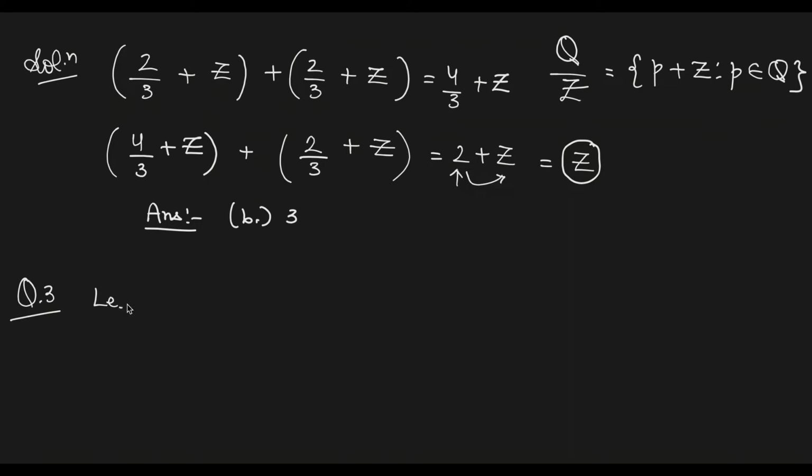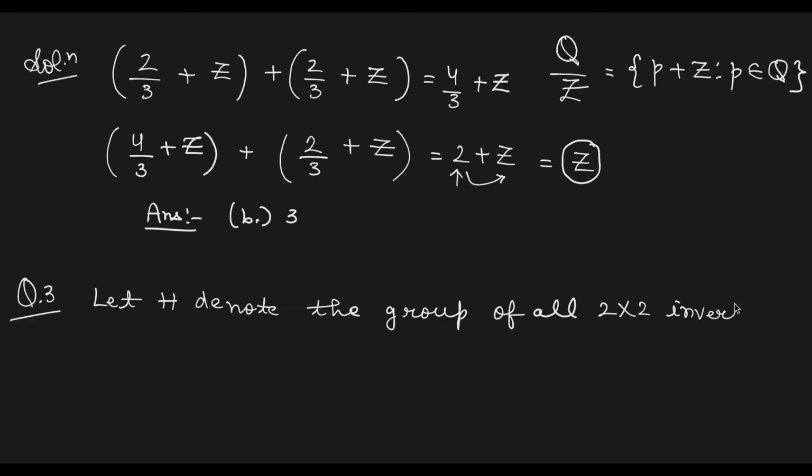Let H denote the group of all 2 cross 2 invertible matrices over Z5 under usual matrix multiplication.